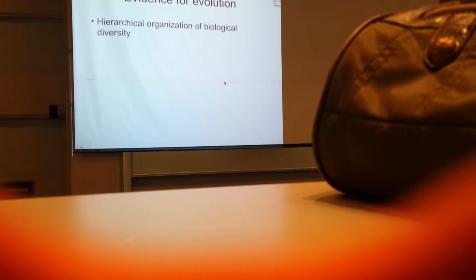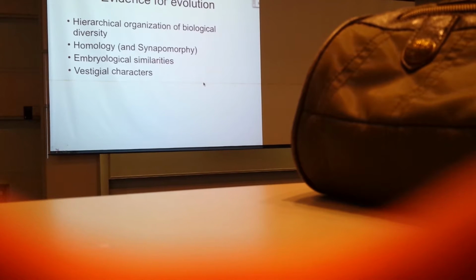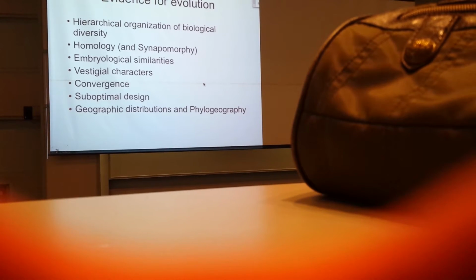And some of these you've seen already. Hierarchical organization of biological diversity, homology and synapomorphy, embryological similarities, developmental similarities, vestigial characters, the characters that are no longer useful to an organism, convergence, when different evolutionary pathways lead to the same place, core design, and geography, which can tell us a lot about whether it supports the phylogeny or vice versa.